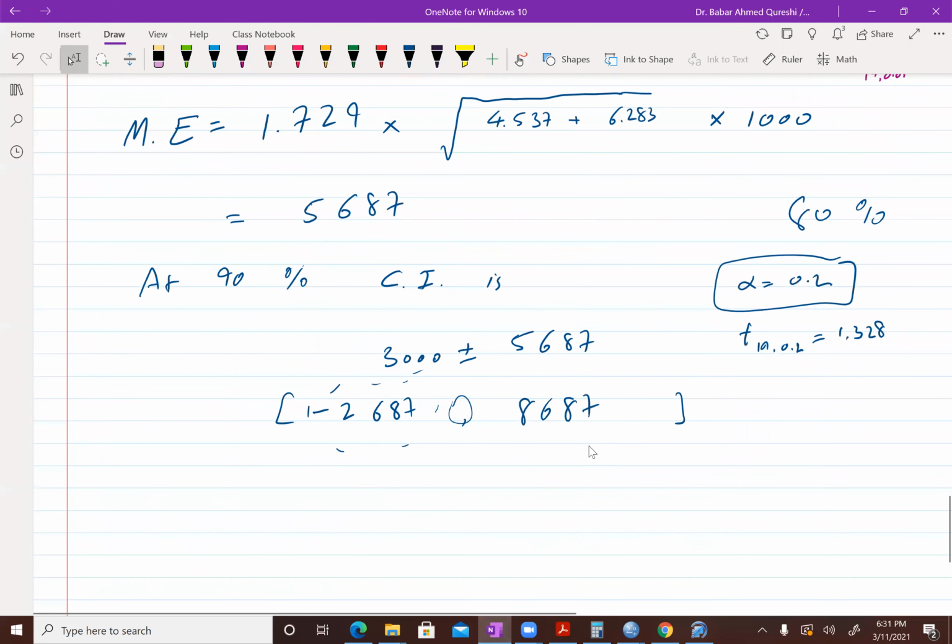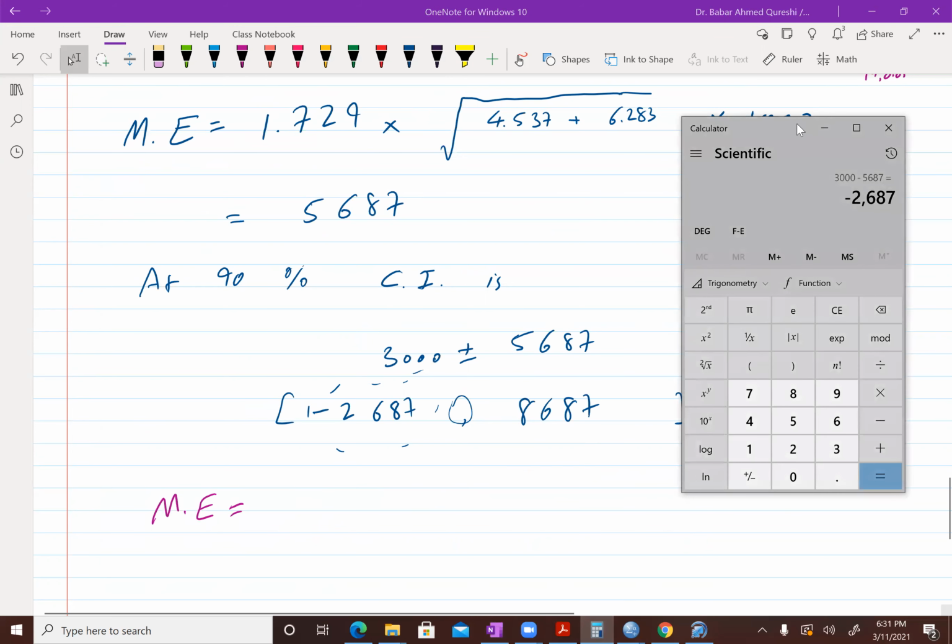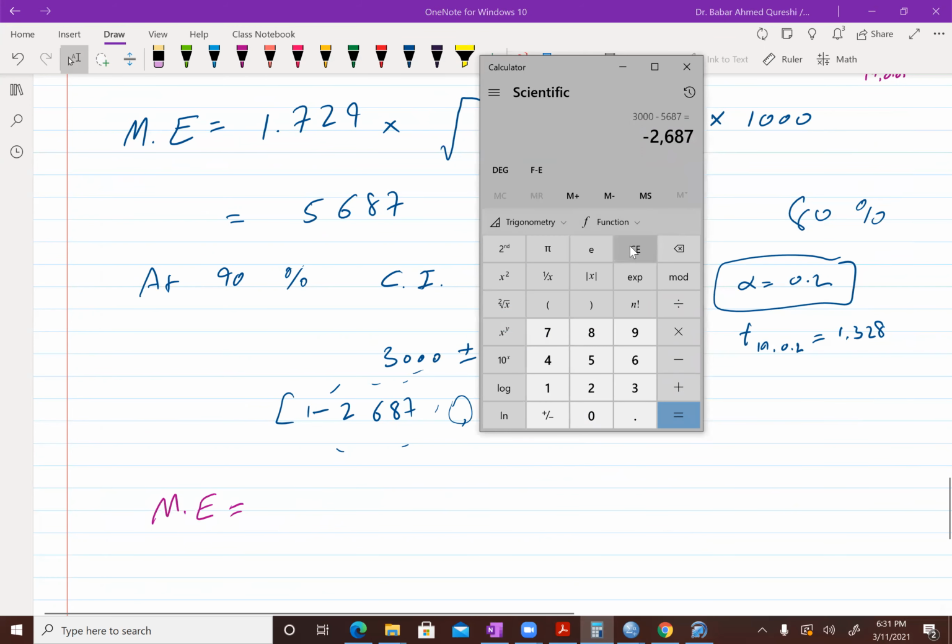So your margin of error in that case would be just, so I have already computed this number, 5687. I had gotten it by multiplying with 1.729. So let me just divide it by 1.729 and multiply it with this new number, 1.328.